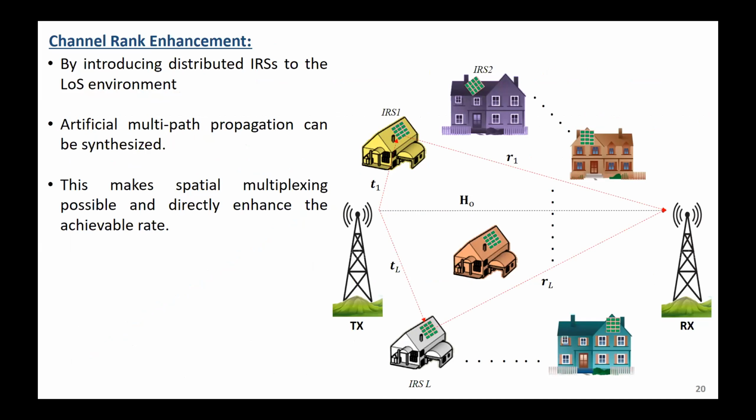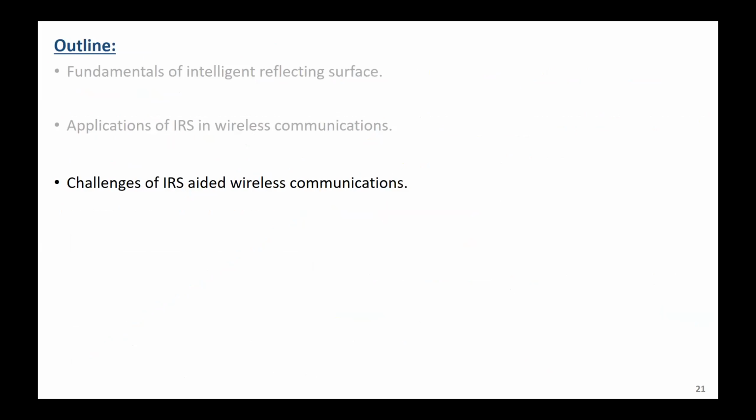By this, you increase the rank of the channel matrix, and you restore the spatial multiplexing gain back. So this was some of the applications of intelligent reflecting surfaces.